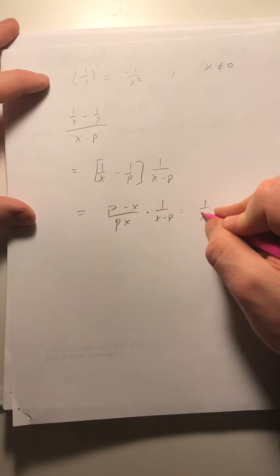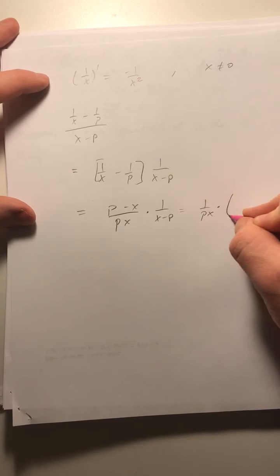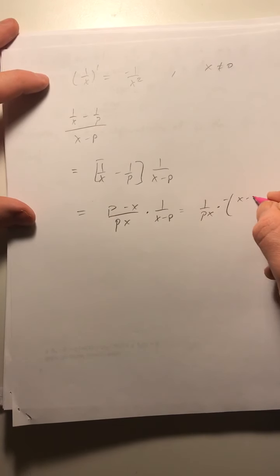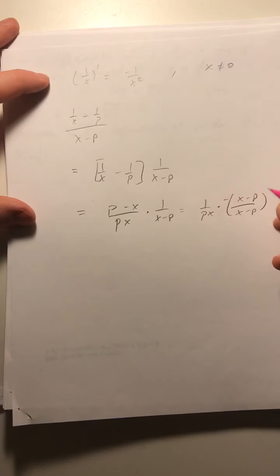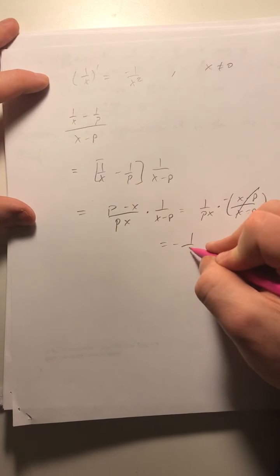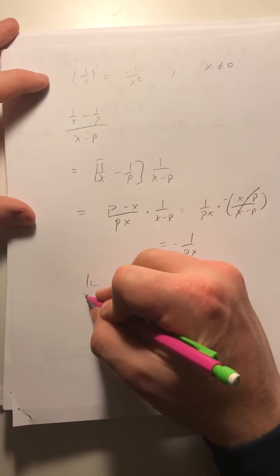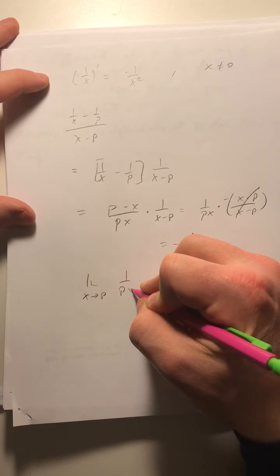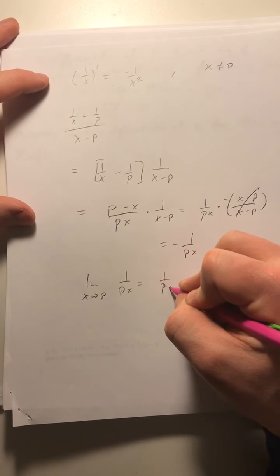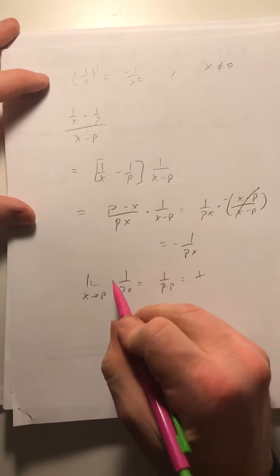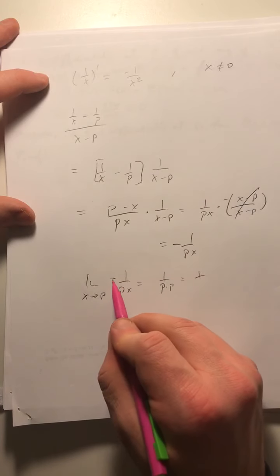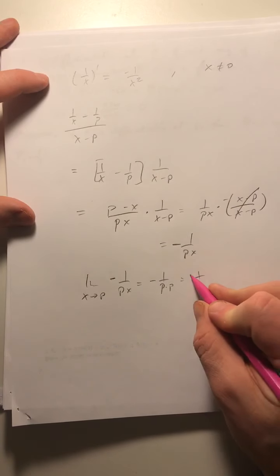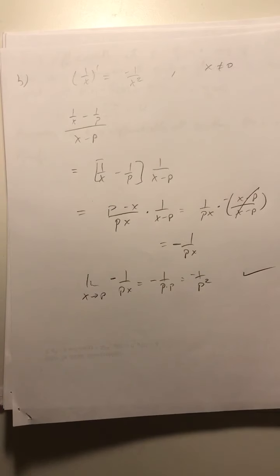This is 1 over px times negative x minus p over x minus p. These cancel, I get negative 1 over px. Now I take the limit as x goes to p: 1 over px, I get 1 over p times p. Well, sorry, with a minus, forget the minus, negative 1 over p squared. We did it, right?